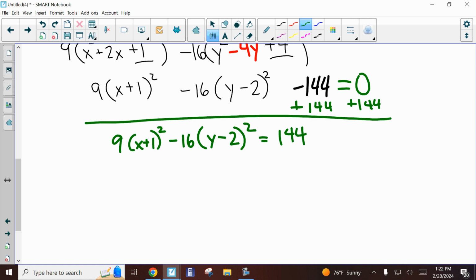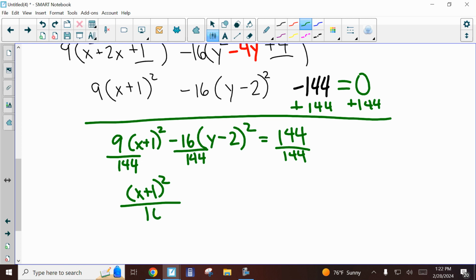And then your final step is to make it equal to 1. So I have to divide this by 144. I have to divide this by 144. And I have to divide this by 144. Now those should reduce. So I'm going to have x plus 1 squared over, I feel like that's 16.